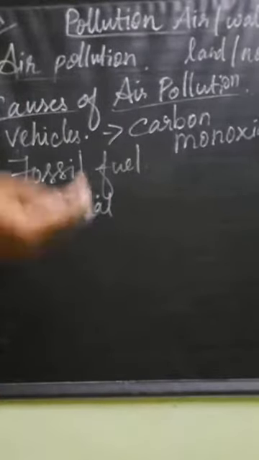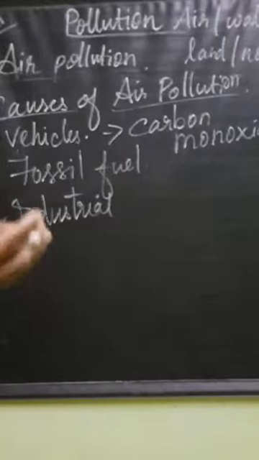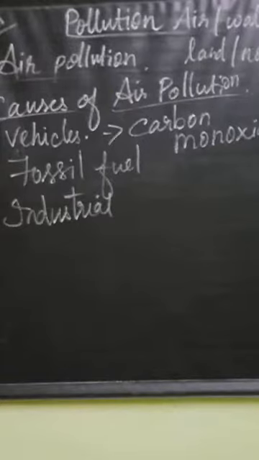Due to the urbanization and the drastic changes in the infrastructure of the cities, urbanization expanding. So, because of these things, in the industries, they are working hard to promote their production, and those machineries which emit smoke also pollute the air.